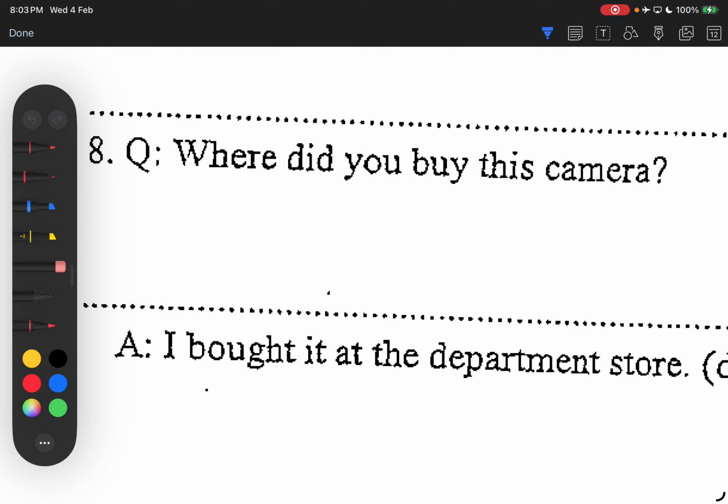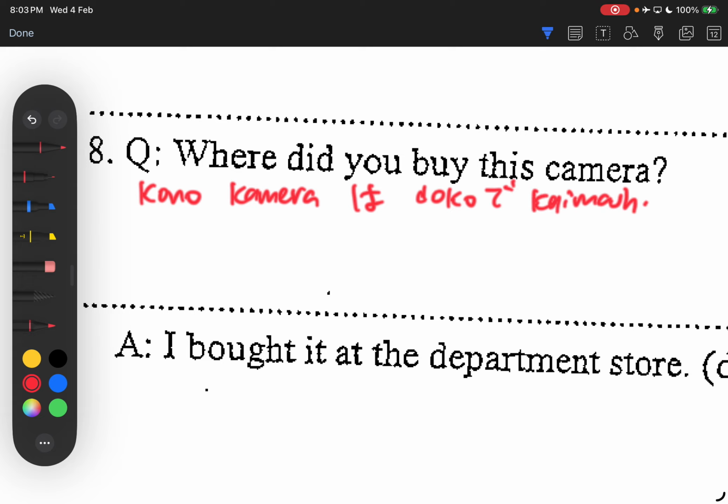Yeah. So listen, the first sentence. Okay, never mind, why don't I write it down? I'll just clarify this once and for all. I can write in hiragana. このカメラはどこで買いましたか? This is number one.